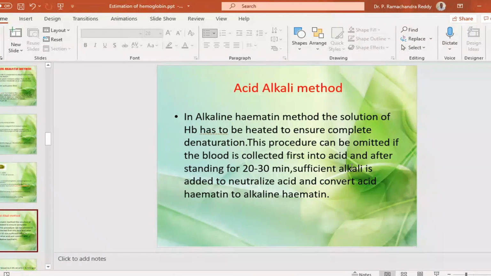That's what we do. And this is standard for 20 to 30 minutes. You have to let it stand for 20 to 30 minutes, and sufficient alkali is added to neutralize the acid, so that the acid hematin will be converted into alkaline hematin. So that alkaline hematin can be measured.